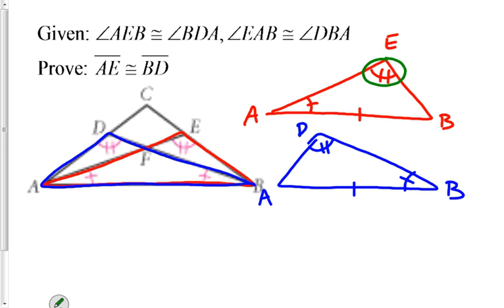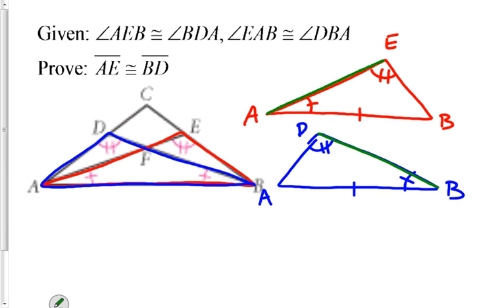Right? Angle, angle, side. And angle, angle, side. So I'm building the argument for my proof. If I prove that these two triangles are congruent by angle, angle, side, then I can conclude that AE is congruent to BD by CPCTC.